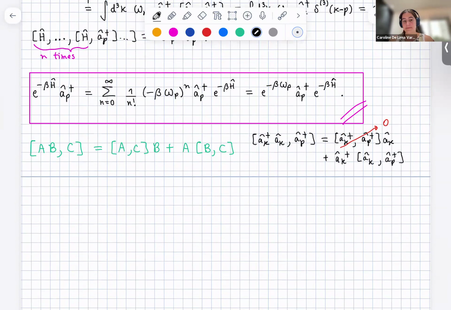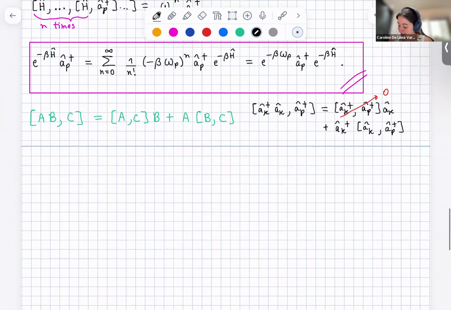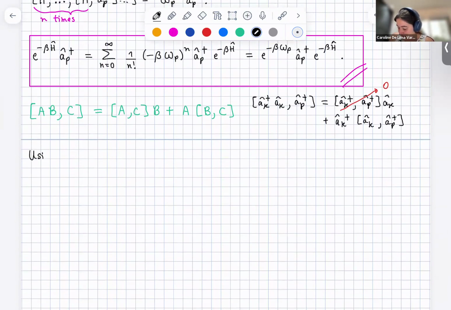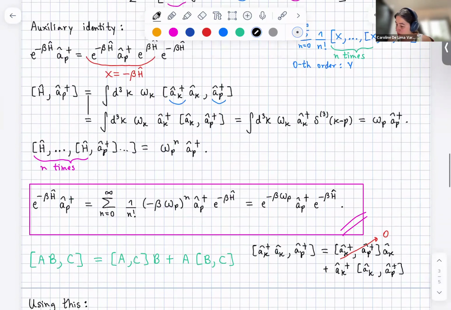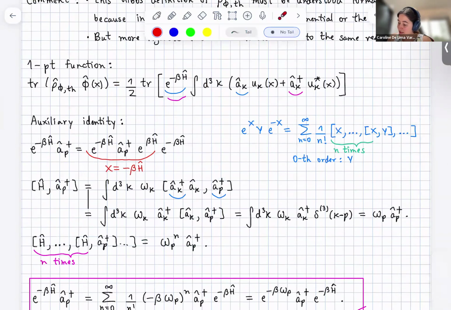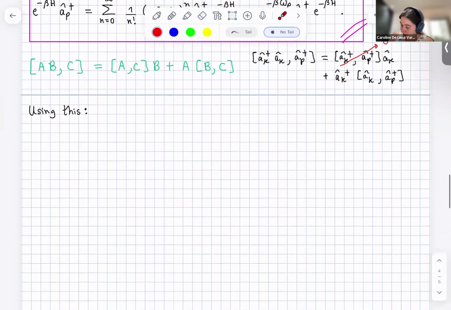So let's try to use it. Using this identity, what we're going to see is the following. Remember that at the end of the day, we want to compute those traces that have some product of e to the minus beta h times annihilation or creation. So let's get back to that.